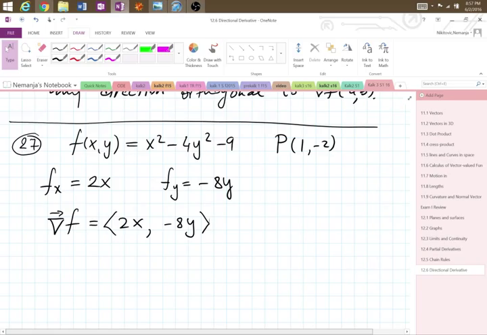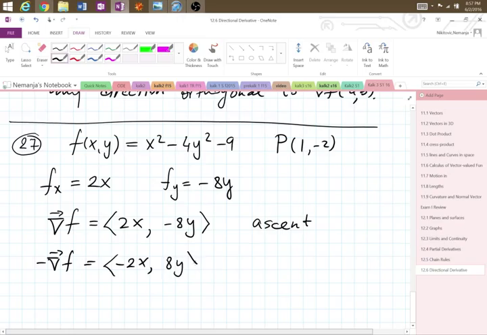So this is the ascent, and then the negative, which is (negative 2x, 8y), is the steepest descent.